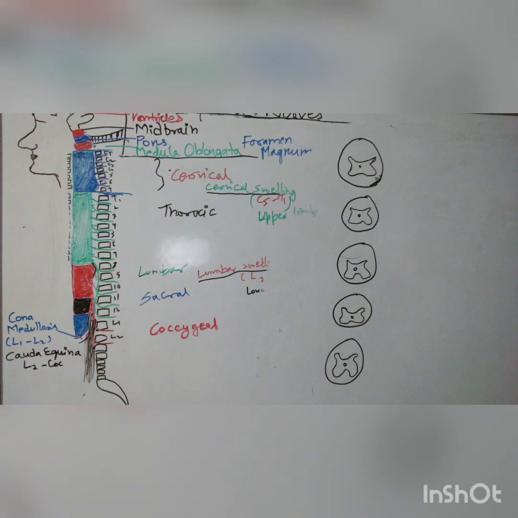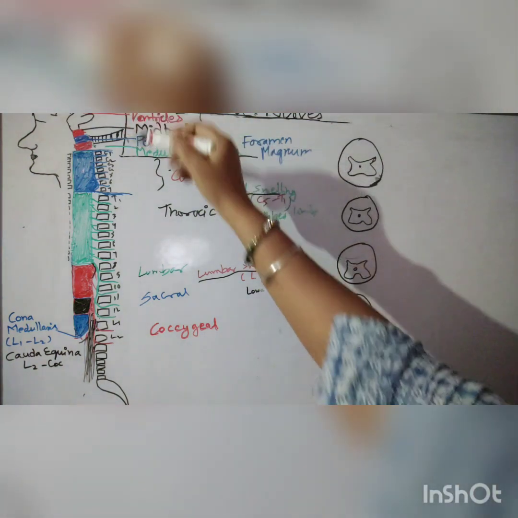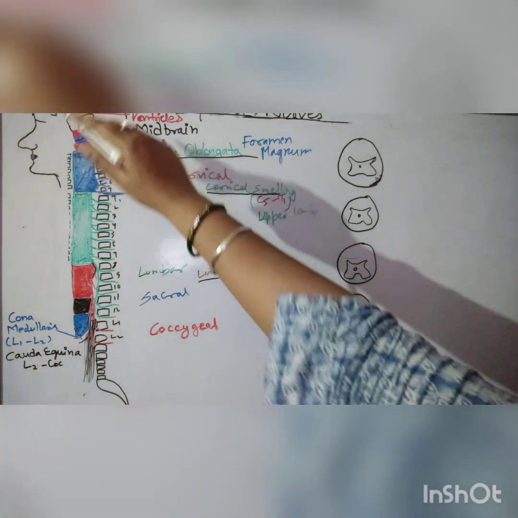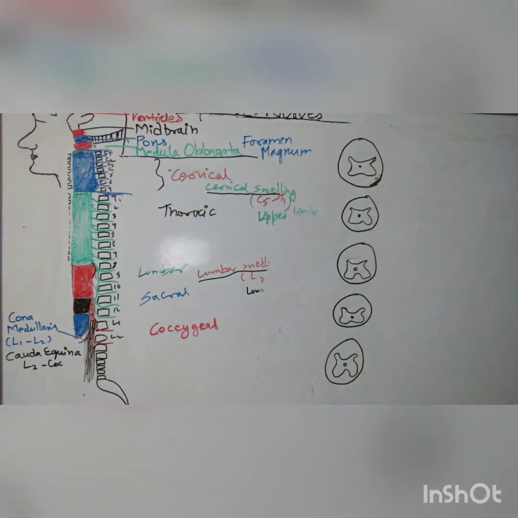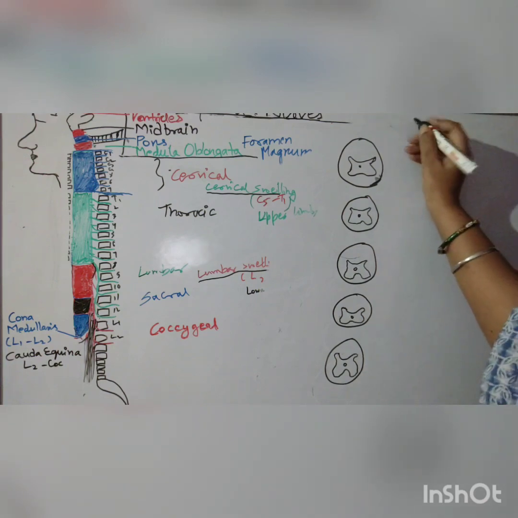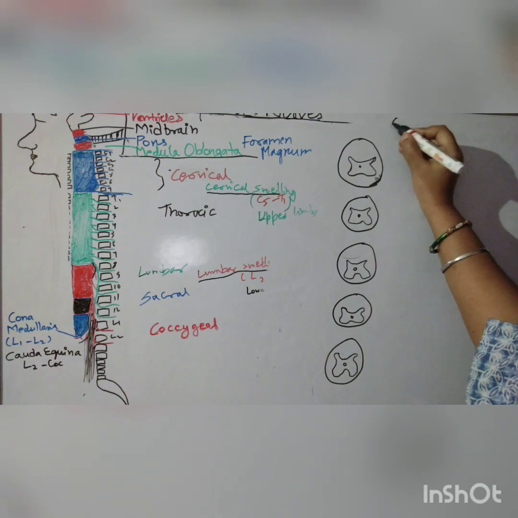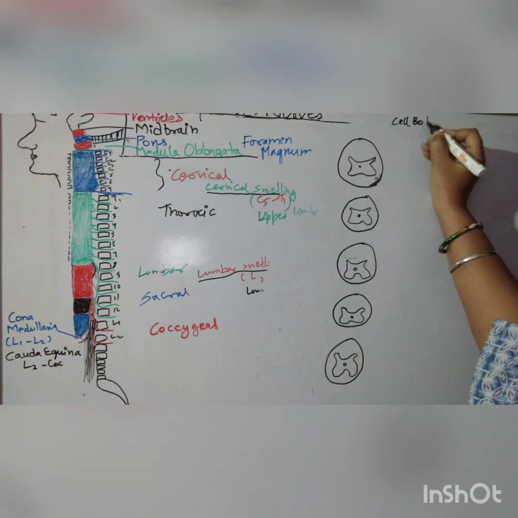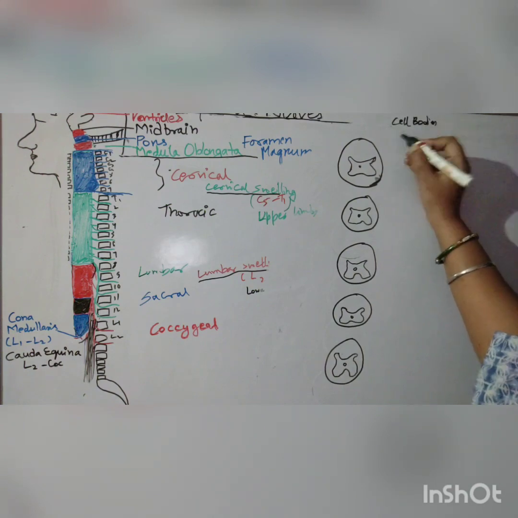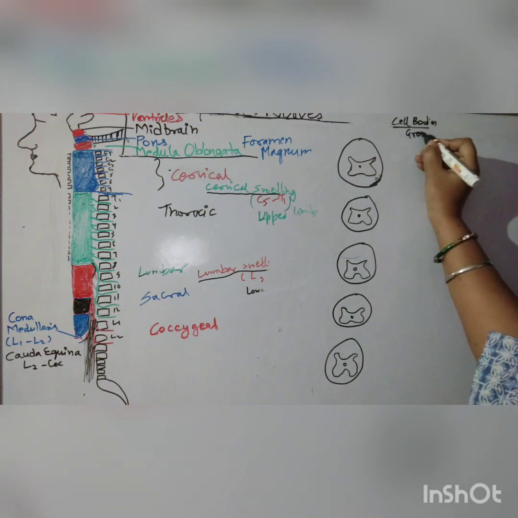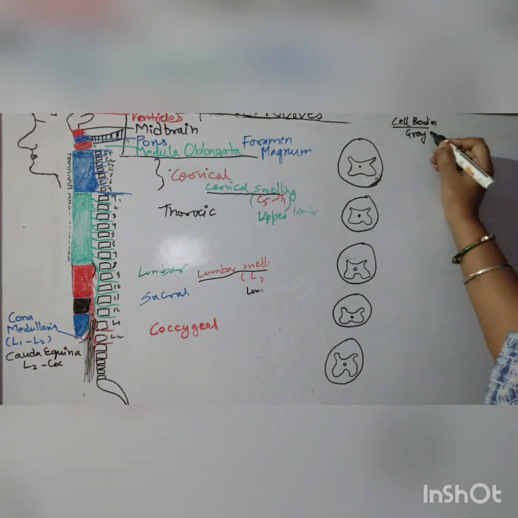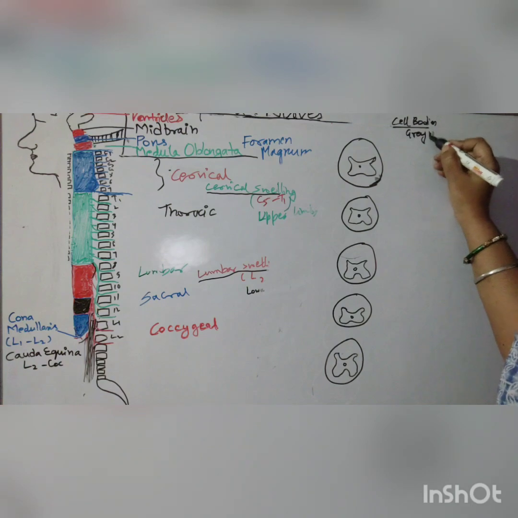We have learned in previous lectures that the brain has an outer layer. In the outer part we have the cell bodies, which appear grayish in color. So we call this gray matter.